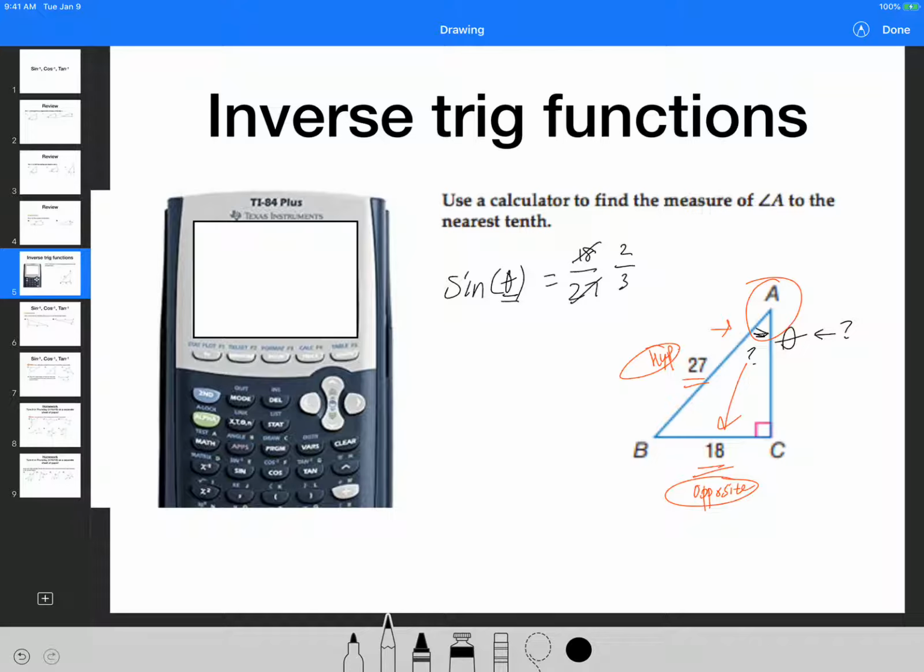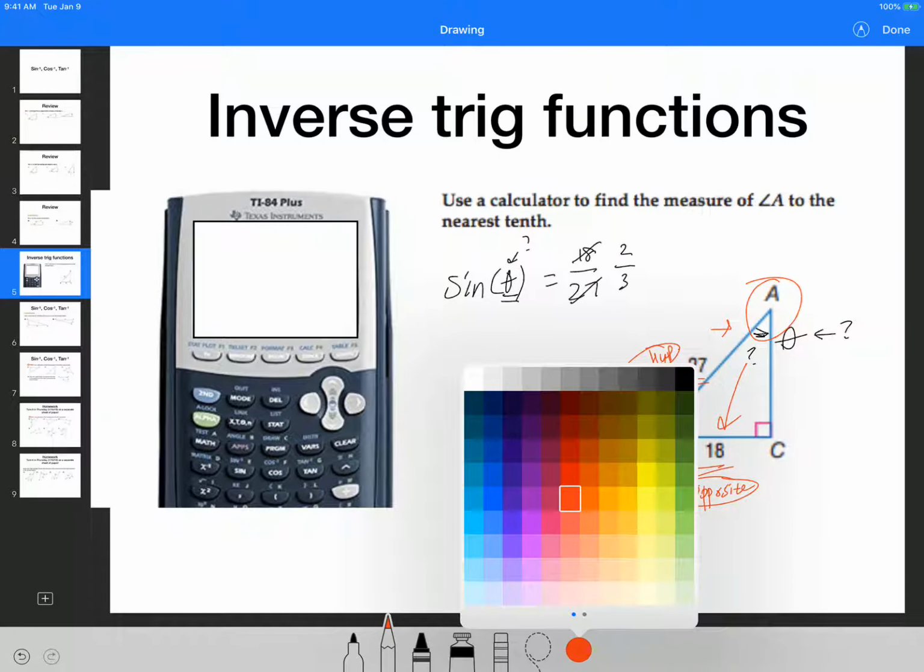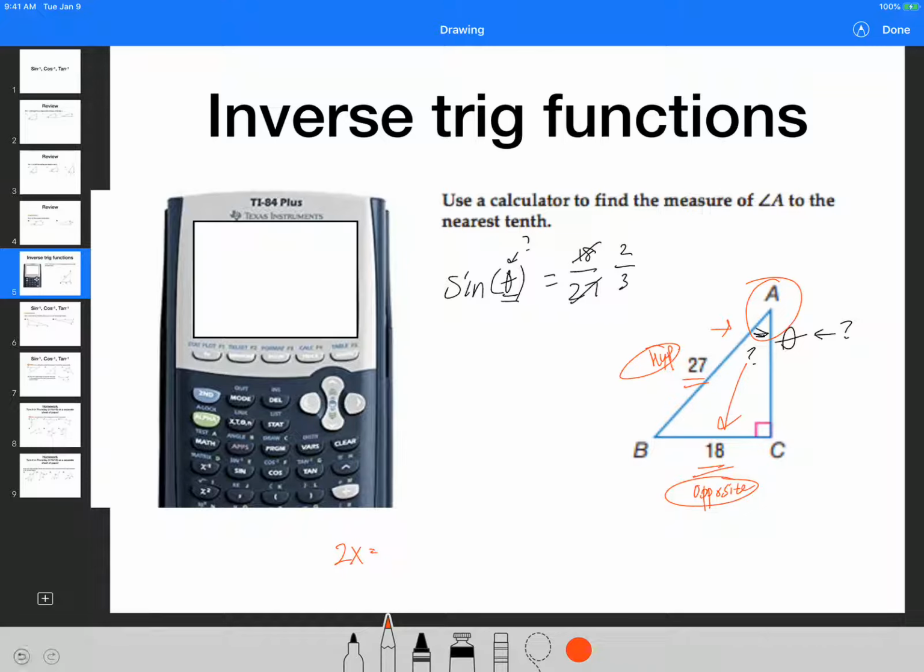Now, in order for me to figure out what this angle is, because this is my goal, how many degrees would this be? Rather than me just keep on plugging in and checking what the angle is, we're going to find this by taking what we call inverse sine. Remember when we're given 2x equals 4, we divide away the 2. Since 2 and x are being multiplied, we do the opposite, right? So here, it's sine of theta.